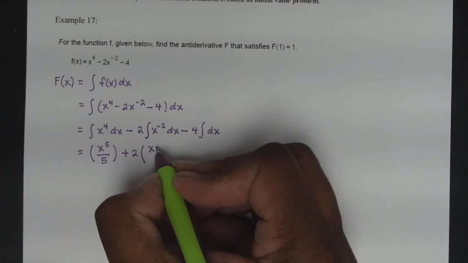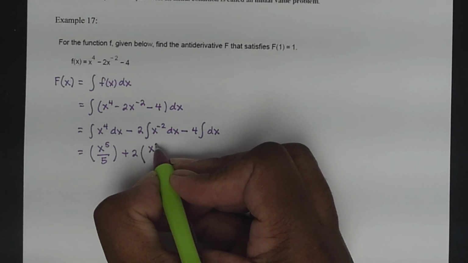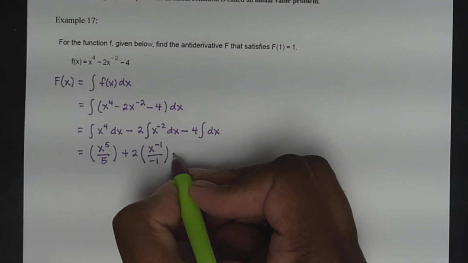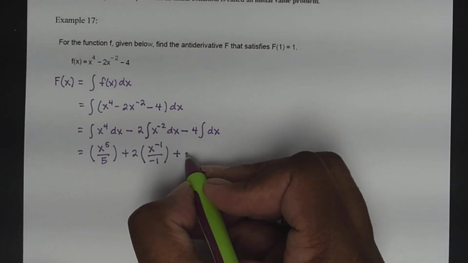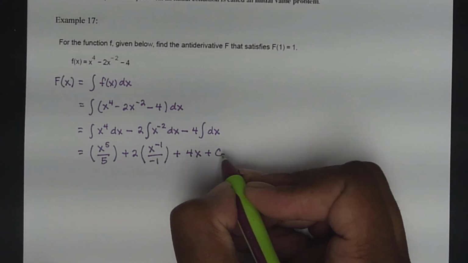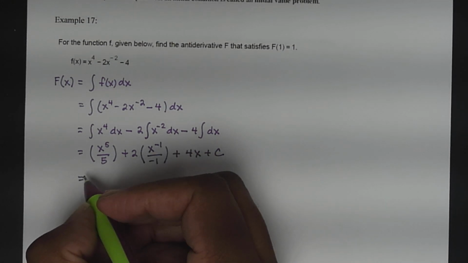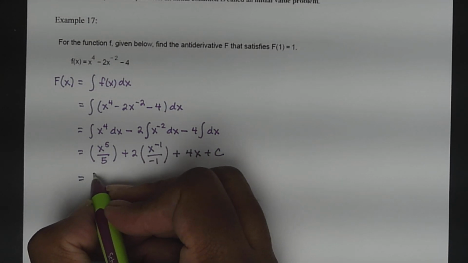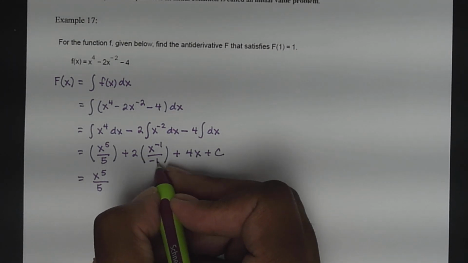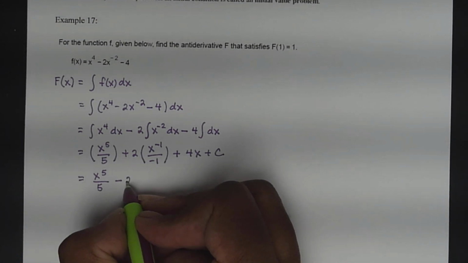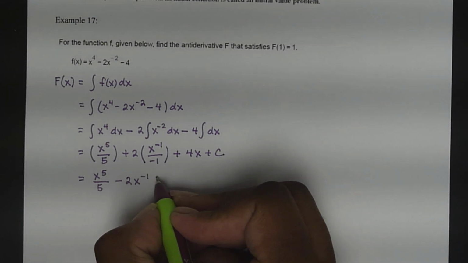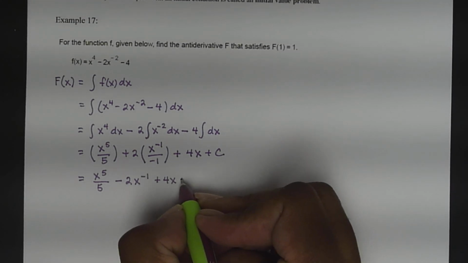We increase the power by 1, so it'll be negative 2 plus 1, which is negative 1, divided by your new exponent of negative 1, plus the 4 times the integral of dx would just be x, and then plus c. Now, if I simplify this a bit, I'm going to have x to the 5th over 5. 2 divided by that negative 1 will make that a minus 2 x to the negative 1 plus 4x plus c.